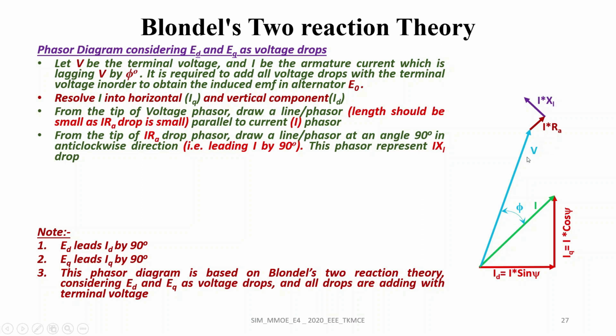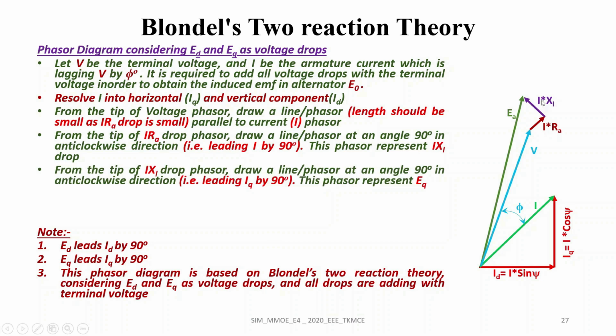Now, the resultant of V, I into RA and I into XL gives the internal induced EMF in the armature, that is EA. Now, from the tip of the EA phasor, we need to draw a phasor leading IQ by 90 degrees in the anti-clockwise direction, that is IQ XQ, that is EQ.